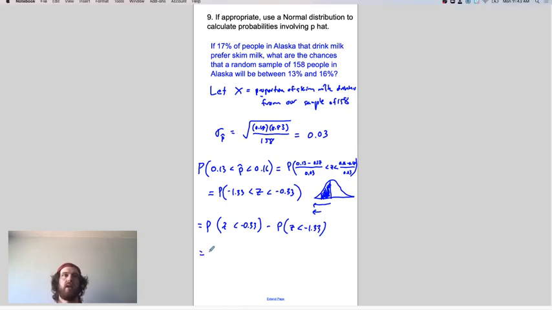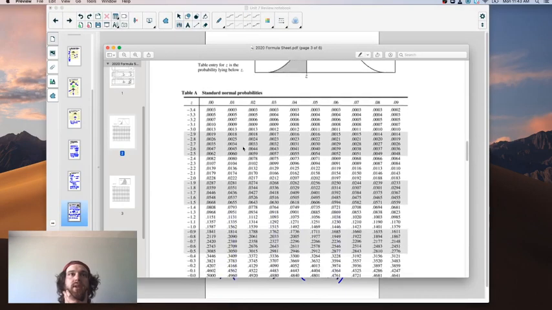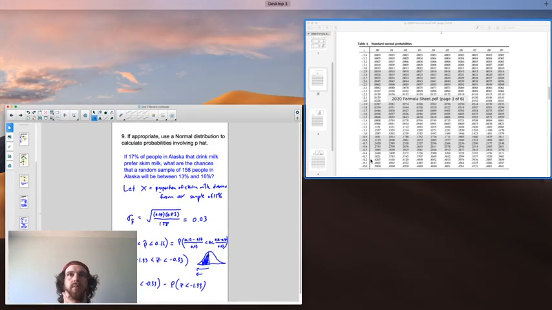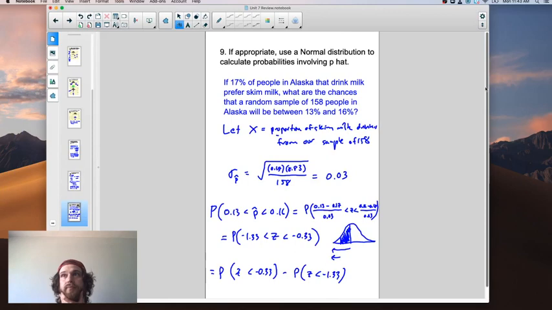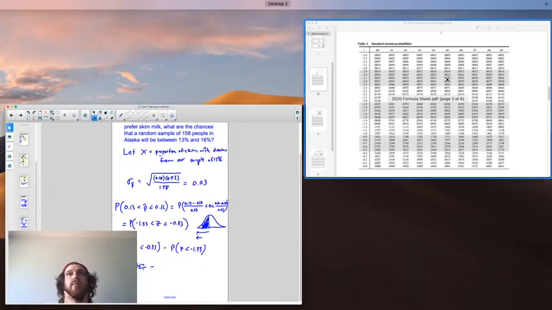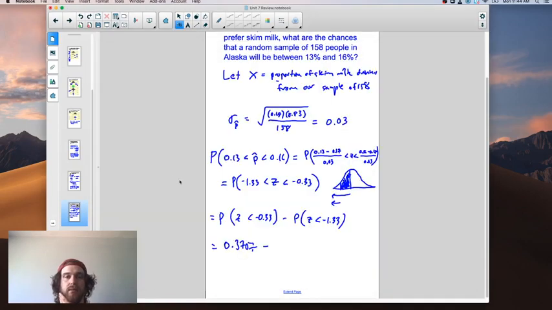Okay, so we can go ahead and pull up our tables. If you pull up your standard normal probability table, we're looking for to the left of negative 0.33, which is 0.3707, minus the probability to the left of negative 1.33, which is 0.0918.